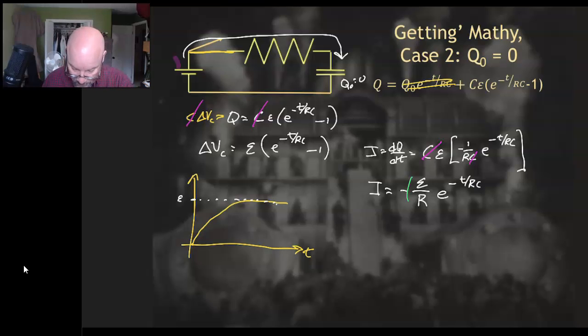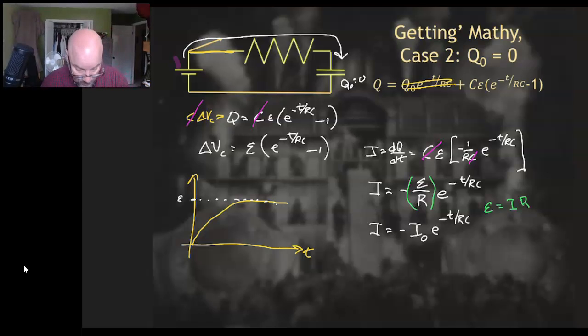Now this right here, if we use Ohm's law, turns out to be whatever the initial current is, because Ohm's law is going to tell us that V equals IR, just like that. So I is E over R. And we're going to call that I naught for the initial current.